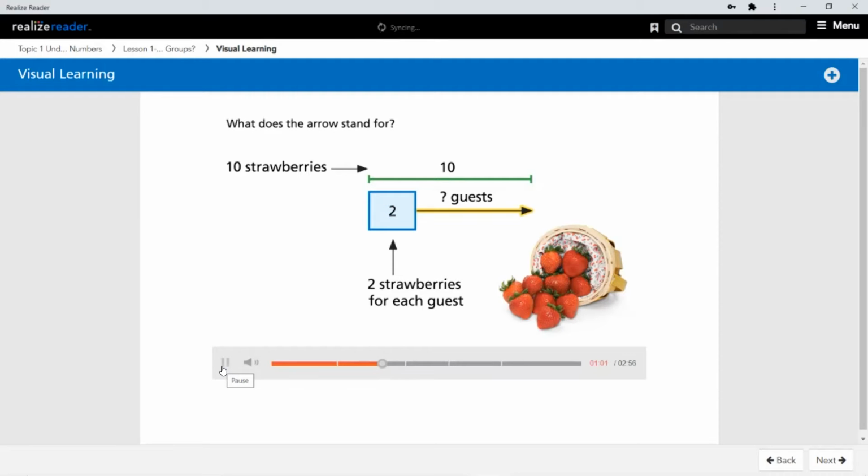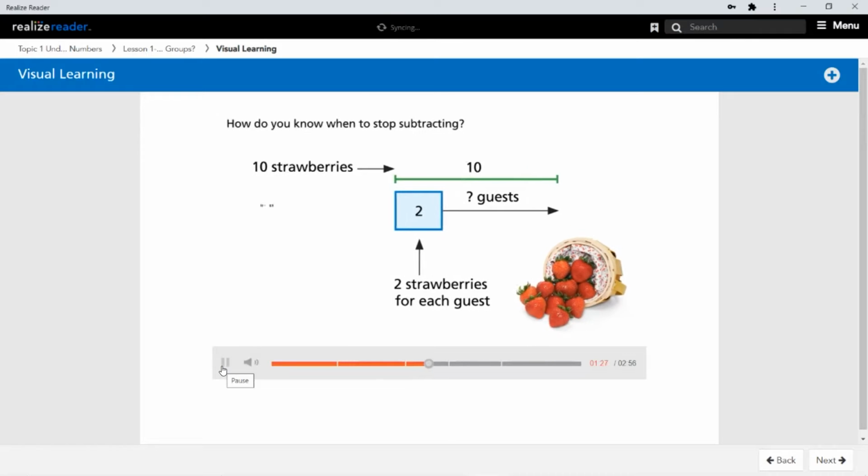What does the arrow stand for? The arrow stands for the number of guests who will get 2 strawberries. How can you use subtraction to solve this problem? You can use repeated subtraction to find how many groups of 2 are in 10. How do you know when to stop subtracting?